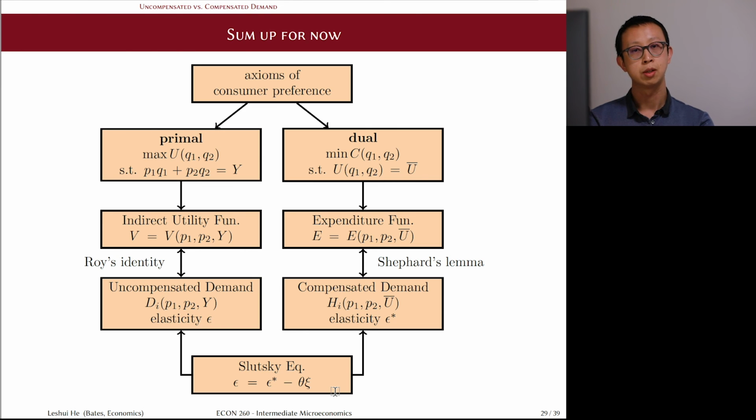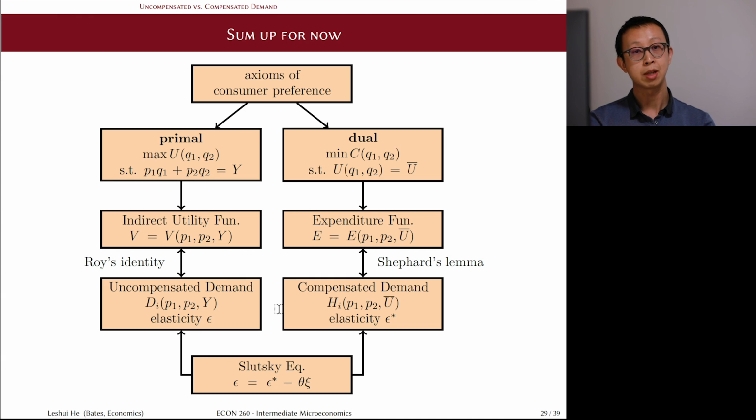We started out with axioms of consumers' preferences, which provide us with the properties of the indifference curves. From there, we built two different consumers' choice models that are closely related to each other. Their derived demands overlap at a particular instance, but their responses to changes in prices are different, because one ensures that the budget is held constant, whereas the other holds down the utility level the consumer is able to reach.